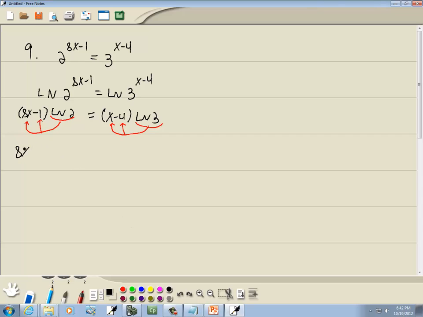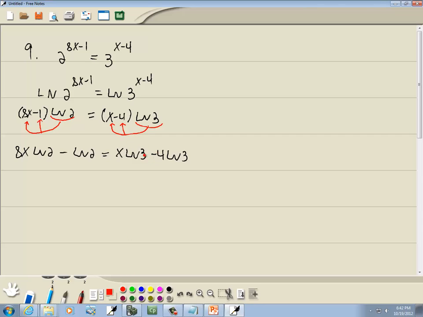So that gives us 8x natural log of 2 minus natural log of 2. Over here I'll take natural log of 3 times x. That gives us x natural log of 3. And natural log of 3 times negative 4 gives us negative 4 natural log of 3. Now, second step is to get rid of fractions, and we don't have any. Third step in solving a linear equation is to get everything with an x on one side, numbers on the other.